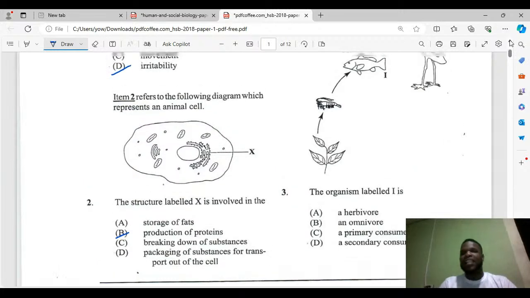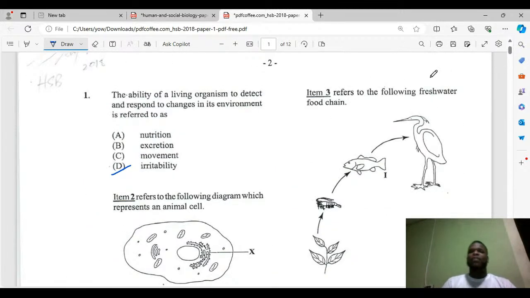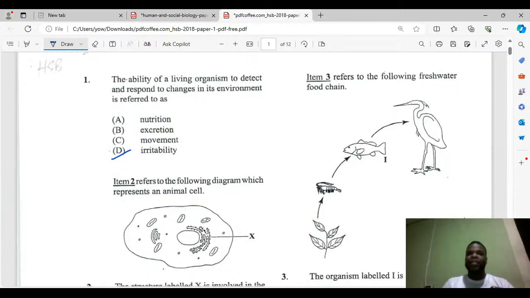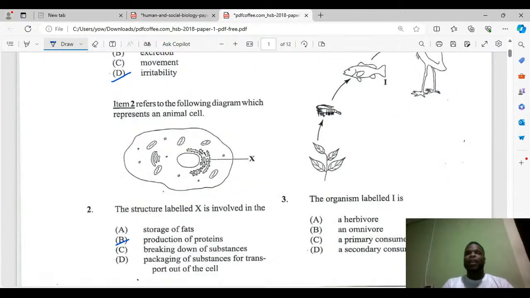Question 3 refers to the following freshwater food chain. The organism labeled 1 is what? A herbivore? An omnivore? A primary consumer? What is that? We're seeing D, a secondary consumer.